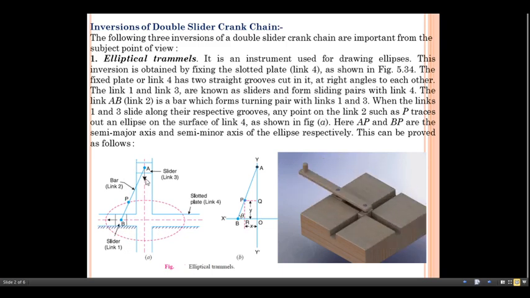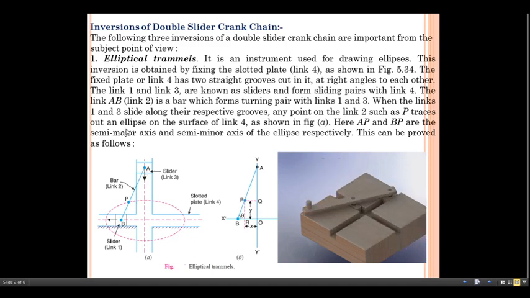Link number 1, already discussed, and link number 3 are known as sliders and form a sliding pair with link number 4. The link AB is a bar that will act as link number 2, which forms a turning pair with link number 1 and link number 3, that is slider 1 and slider 2.